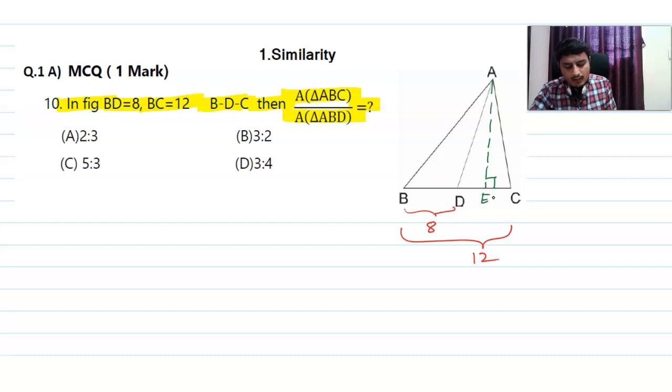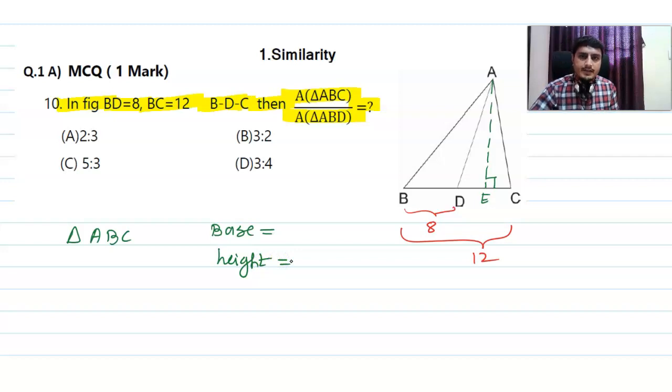Then for triangle ABC, we write the base and the height, because to evaluate the area of any triangle we have the formula half times base times height. Since AE is the perpendicular drawn on side BC, BC is the base and the perpendicular itself is the height.